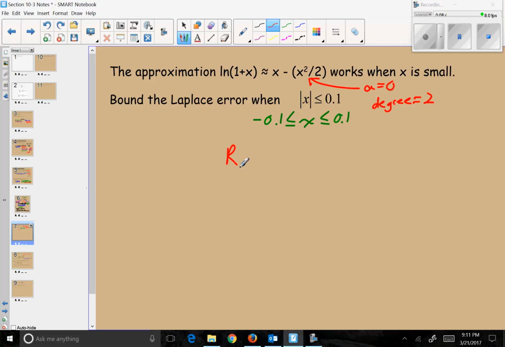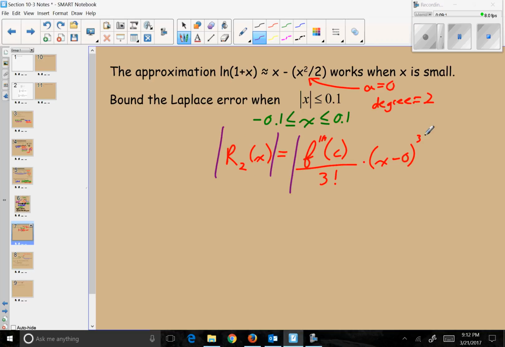So my remainder, when I'm at degree 2 of our series, will be the third derivative for some value c over my n factorial, but my n is 3, so over 3 factorial, times the x minus 0 to the third power. And again, we're going to deal with the absolute values of these to make our math a little bit easier. And if this works with the absolute values, then we should be good.